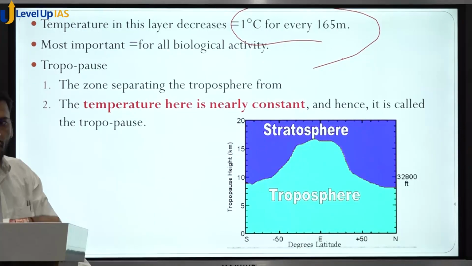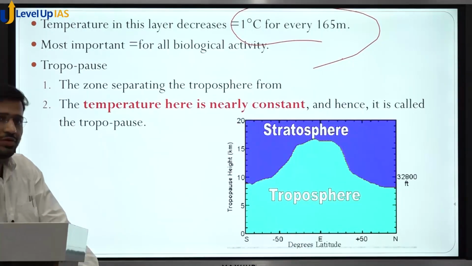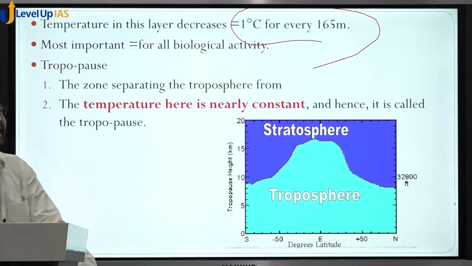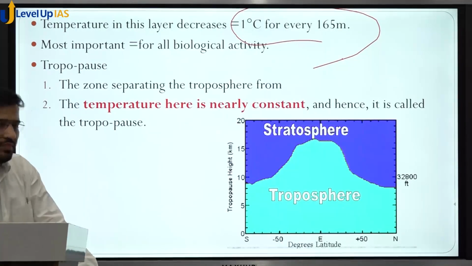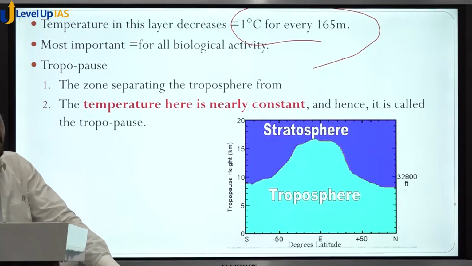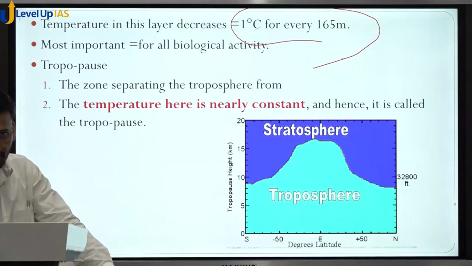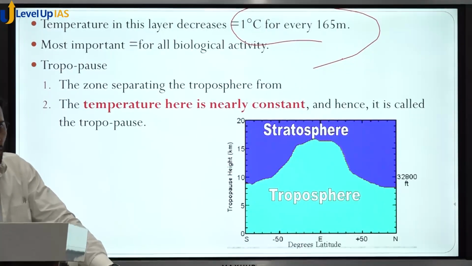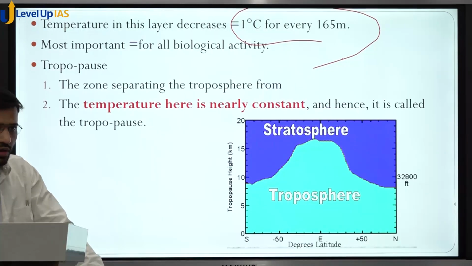So for example, in UPSC a question can be asked: at sea level, the temperature at Chennai is 35 degrees Celsius. So what will be the temperature at the height of 8,500 meters on the top of Mount Everest? Getting it? For that you must know the lapse rate.